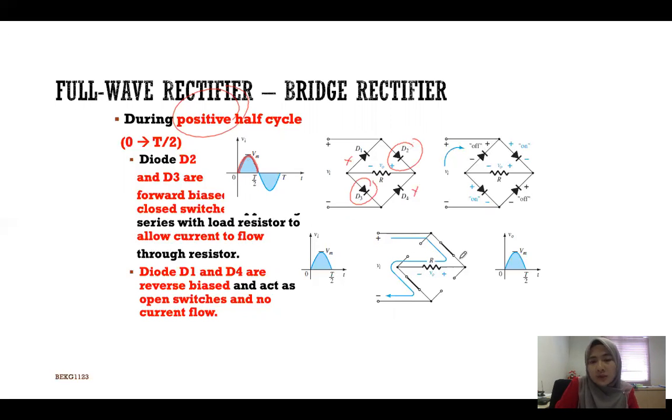If you redraw this, you will get a circuit like this. This is closed, this is open, so the current will flow like this.